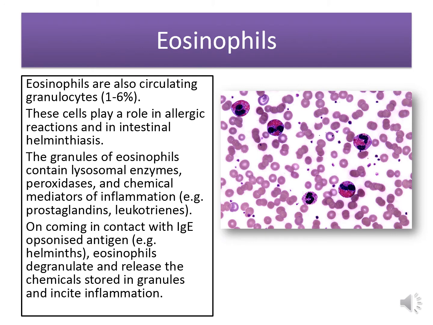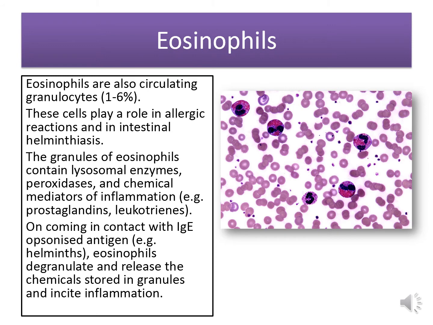Eosinophils. They are also circulating granulocytes, up to 6%. These cells play a role in allergic reactions and in intestinal helminthiasis.